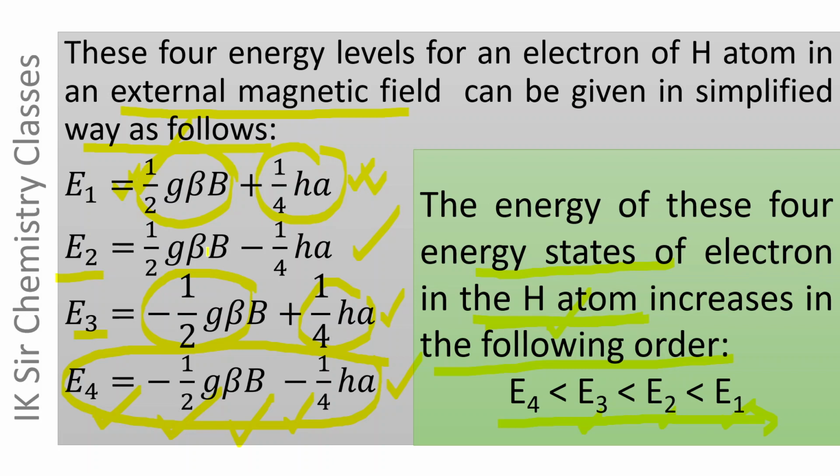Here the first term is positive and second term is negative, and therefore E2 is greater than E3 because the first term dominates in deciding the energy of the energy state. It is greater than 1 by 4 HA. Thus, the energy of four different energy levels of an electron in hydrogen atom in an external magnetic field of strength B increases in this order.